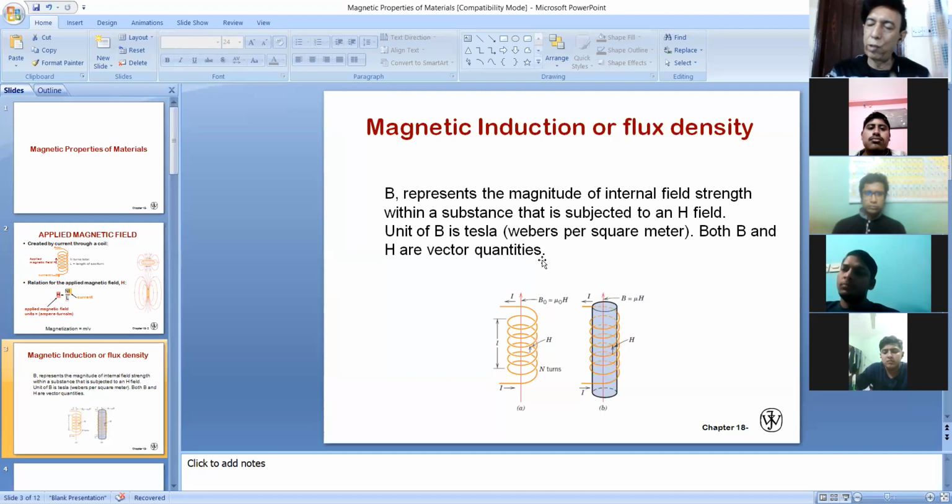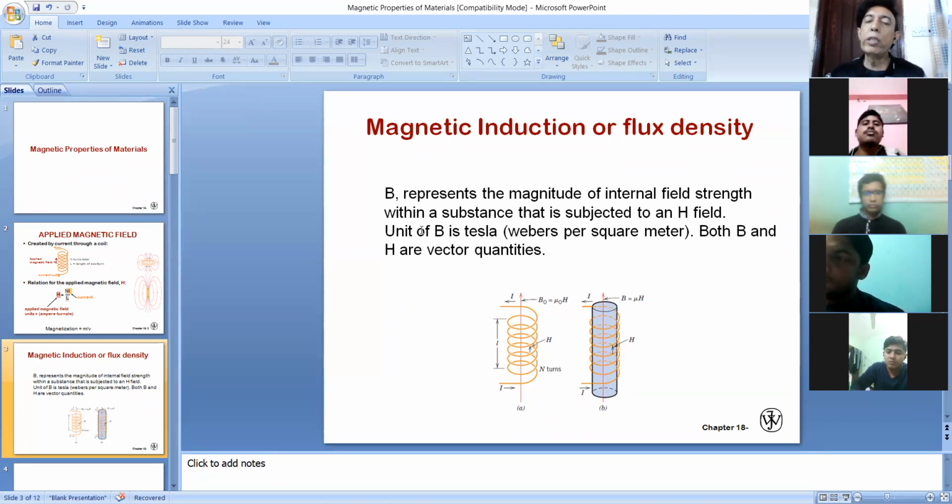Its unit is ampere turn per meter, but B is the induced one. It became a magnet by the original one, and its unit is Webers per square meter or Tesla.